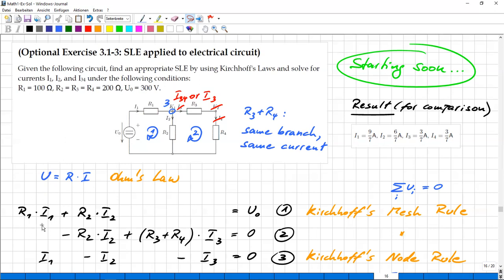So that's a contribution to this sum of voltages, the first one. The second one around here is R2 times I2.